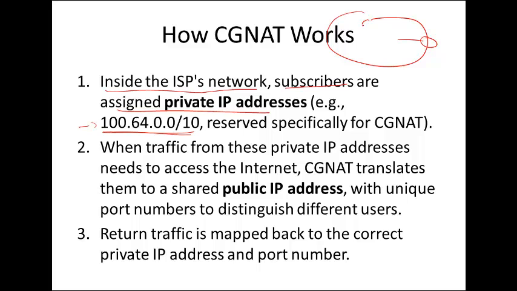Let's say this is my house. I already have my computers with some subnet, let's say 192.168.0.1. If the provider also gives me the same IP address, what will happen? That becomes a problem, right? This is the ISP. So that will conflict.